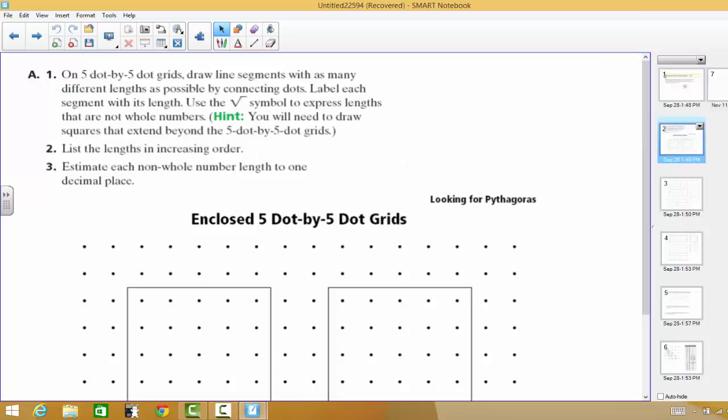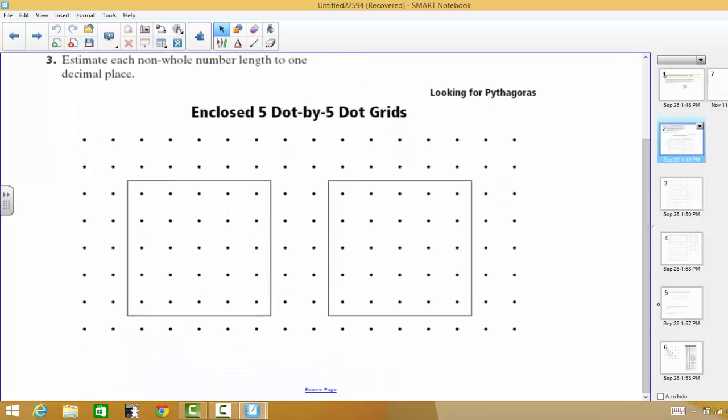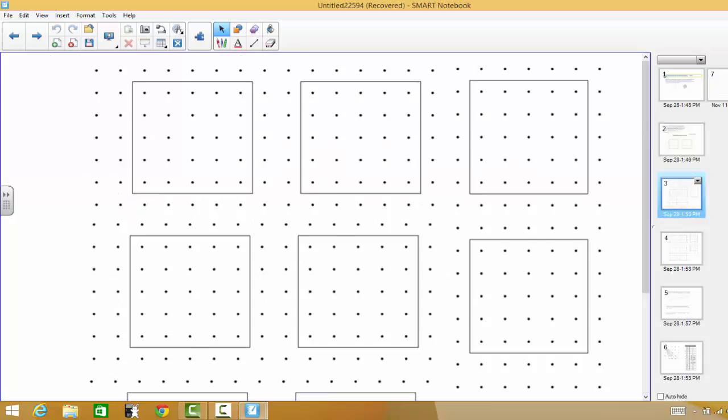So remember the pattern that we did yesterday? And this is kind of unfortunate because the back is supposed to be more dots, but that's okay. So right now, it's every single side length that you can draw. So we have the flat ones. That's 1 and 2 and 3 and 4.